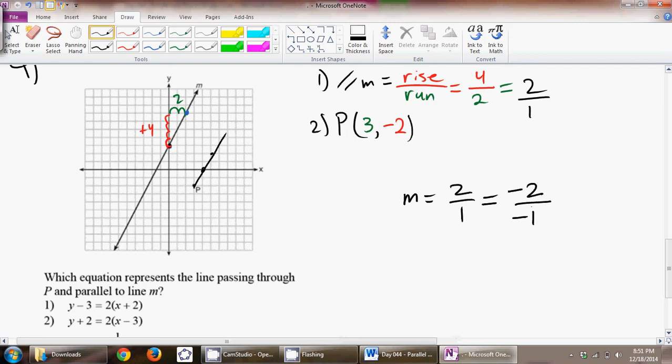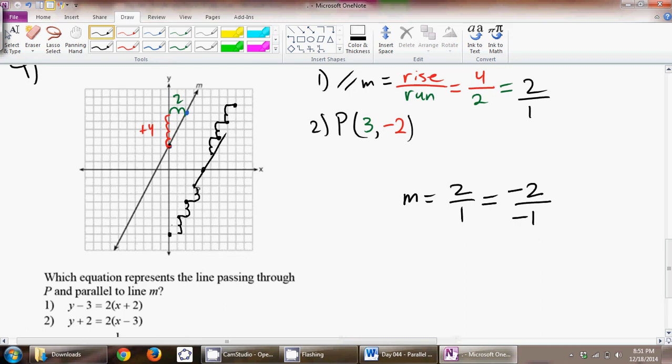This is good for me because if I just keep on doing positive 2 over 1, I'll never hit my y-intercept. I have to go in the other direction. I have to go down 2 and over 1, down 2 and over 1, down 2 and over 1.